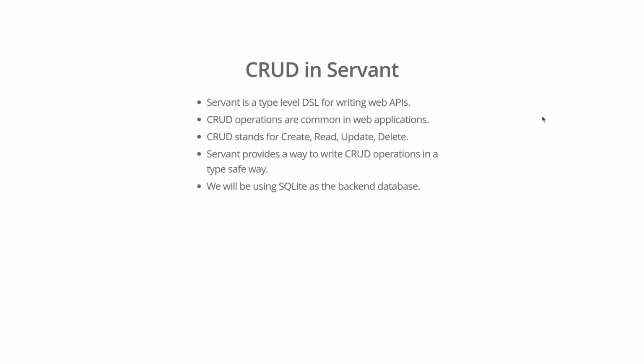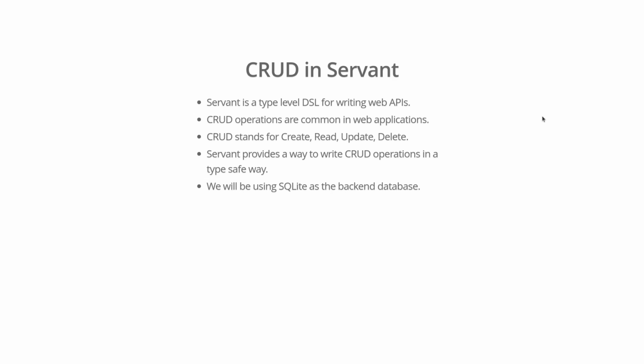CRUD stands for create, read, update, and delete. Create means, let's say we have a database, inserting data into our database. Read means fetching the data from the database and showing it to our client side.